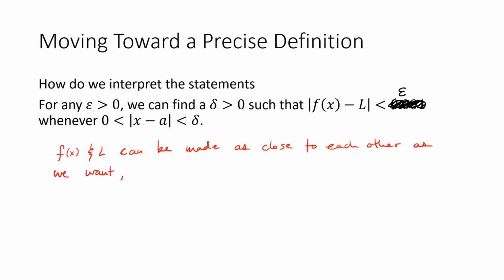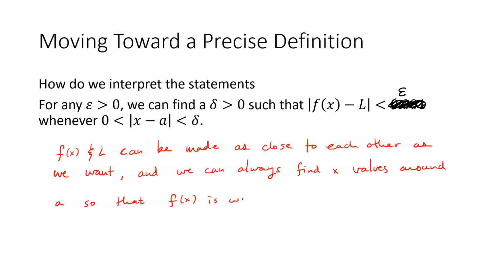And we can always find a delta, which is, in this case, a distance between x and a. So we can always find x values around a so that f of x is within that distance.